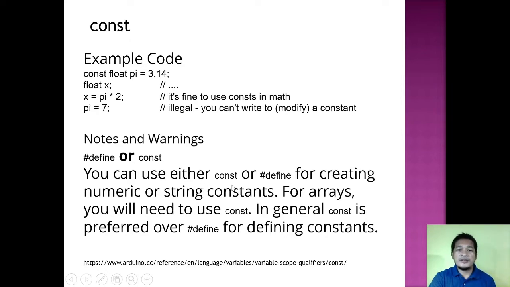We can also use number sign define, but according to the previous slides, it is better to use const rather than number sign define. For arrays, you will need to use const. In general, const is preferred over number sign define for defining constants.